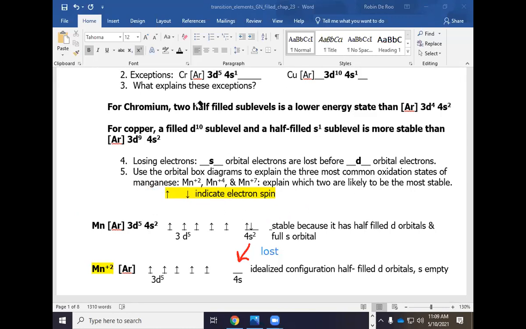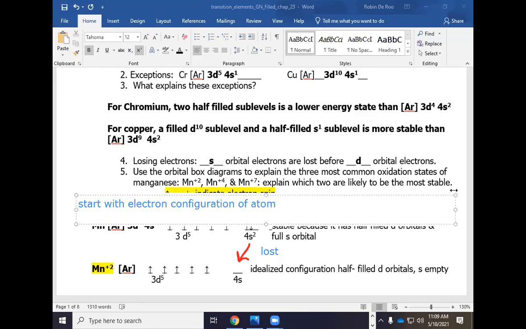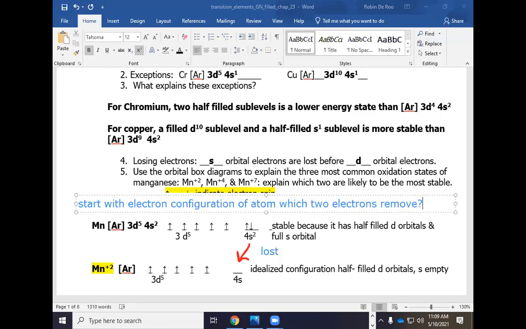Okay, start with the electron configuration of the atom. This is what you do for all of them. Always start with the electron configuration of the atom. In this case, which 2 electrons do you remove? That's what we're looking at here.